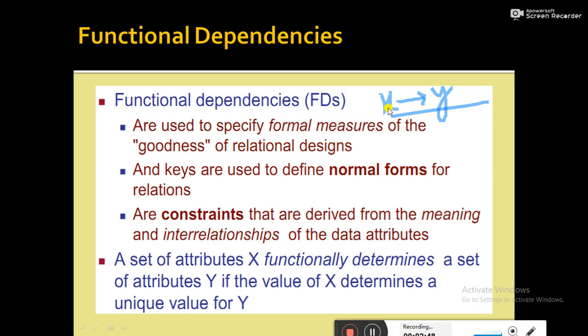On the basis of functional dependencies, we can define the normal forms for relations.